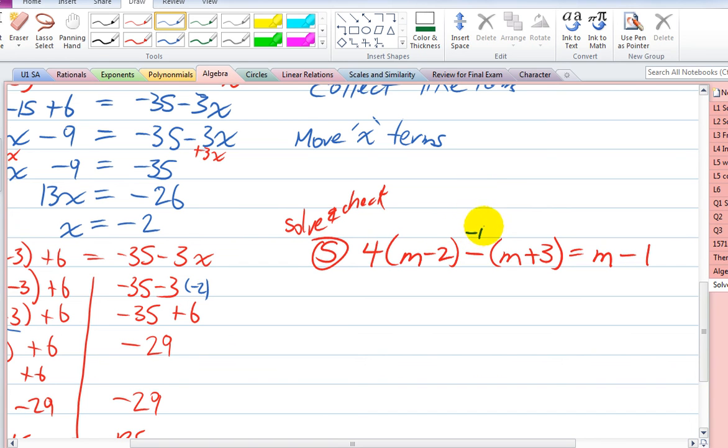It's like you're multiplying in by a negative 1. And that's how we used to always just teach it. Oh, it's just a negative 1, multiply it in. And that works. But really, you've got to subtract properly. So we should get 4m minus 8 minus m minus 3 equals m minus 1. Okay. Go ahead, try this question on your own now.